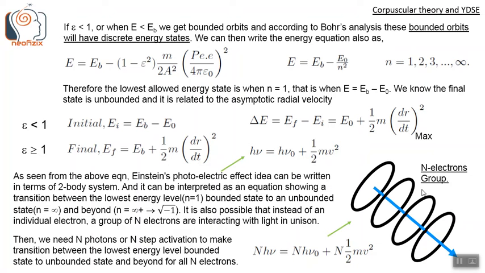So since there are n electrons, it will need n photons in total to make them go from the lowest energy state to highest energy state, or beyond unbounded state. So we can just change this h nu equation to nh nu equals nh nu naught plus n into half mv square. This is the group behavior.